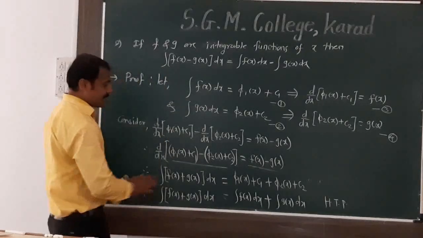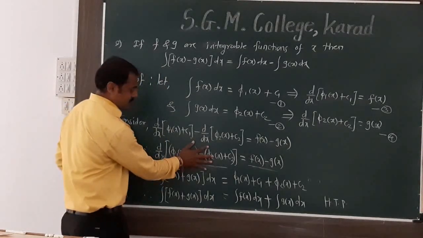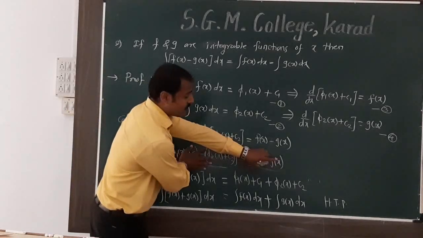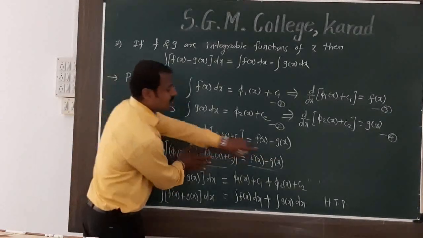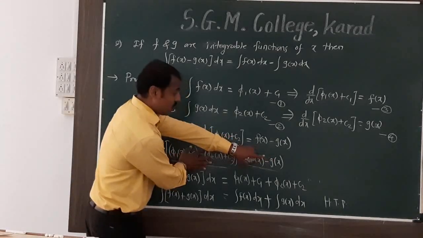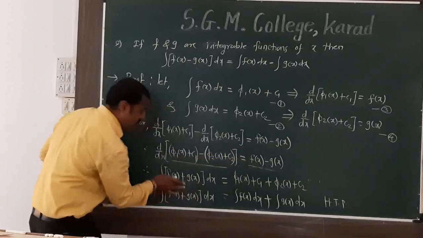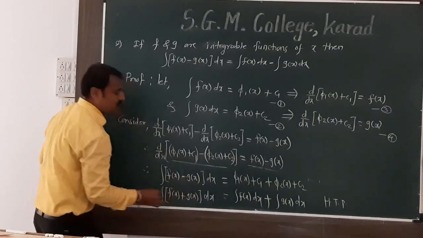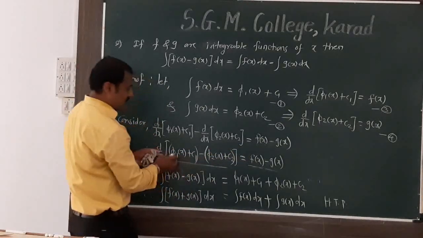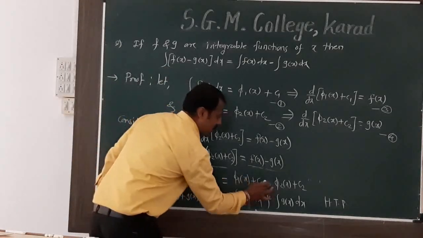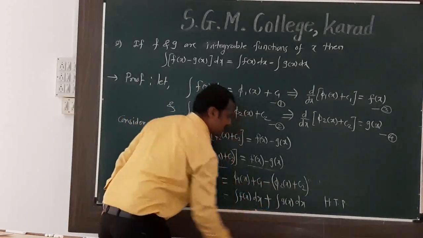Again, consider the term as F of x. So d/dx of F of x is equal to, consider that term as g of x. So integration of g of x dx, that is integration of f of x minus g of x dx, is equal to that term phi 1 of x plus c1 minus phi 2 of x plus c2.